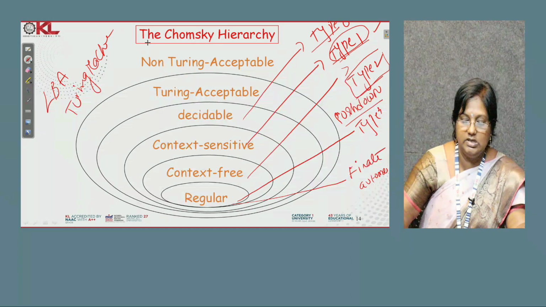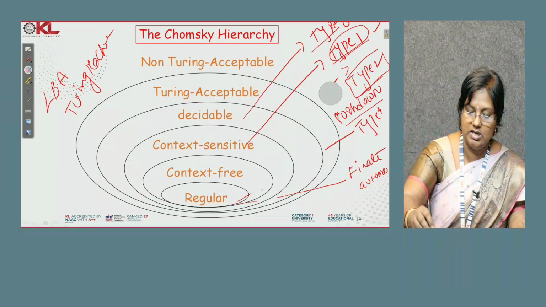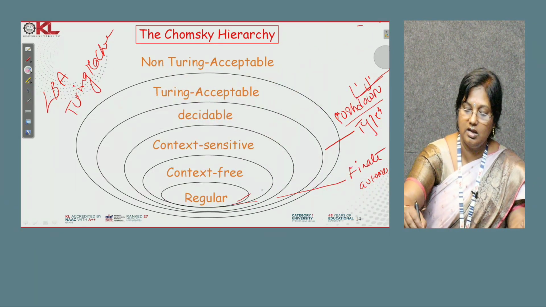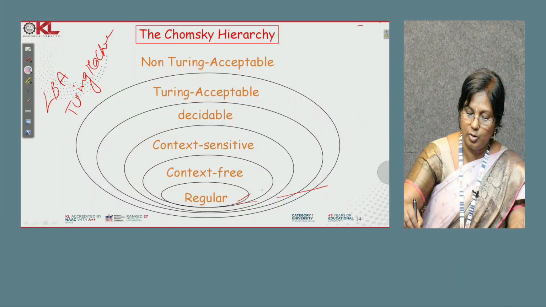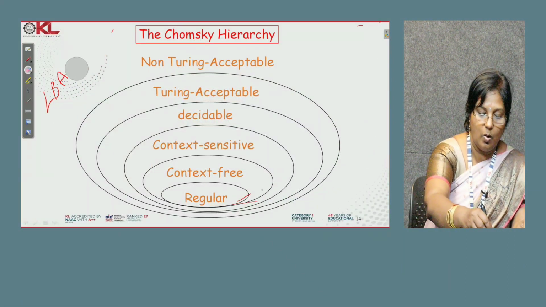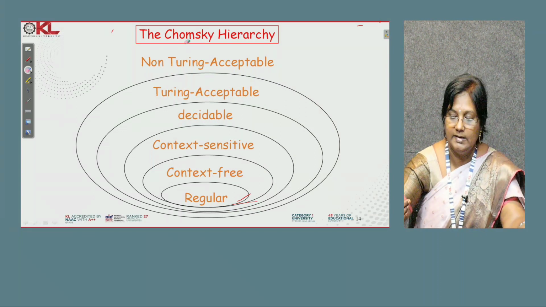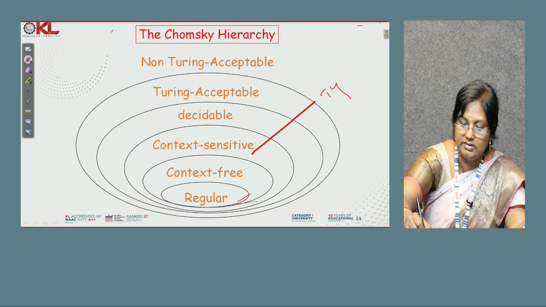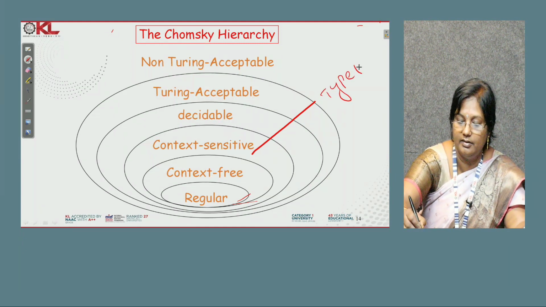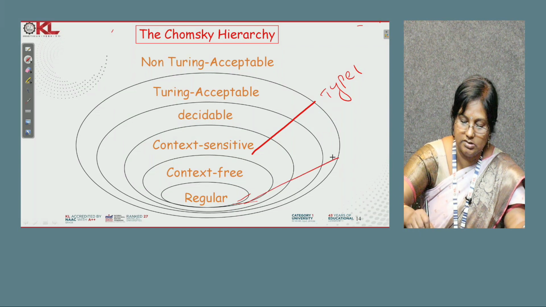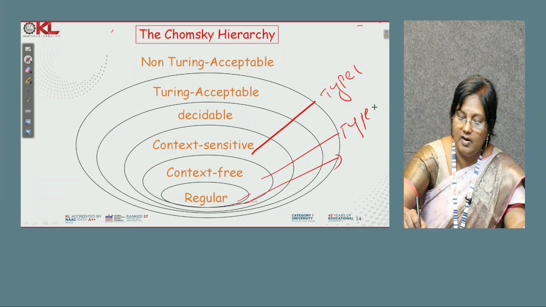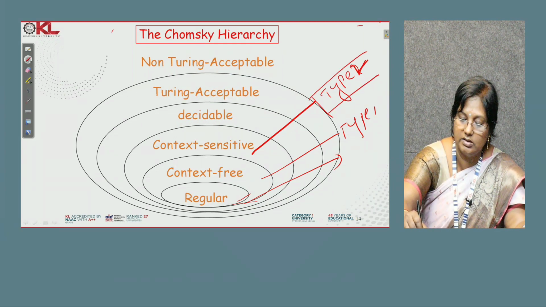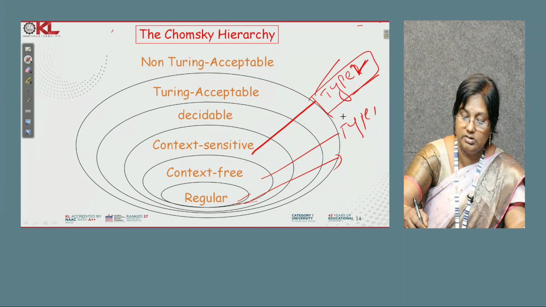So here we are discussing the linear bound automata. The linear bound automata come under context sensitive grammars. These context sensitive grammars we call type 1 grammar, right? Here this is the type 2 grammar, but we should not label it confusingly like this because some of the students are getting confused.